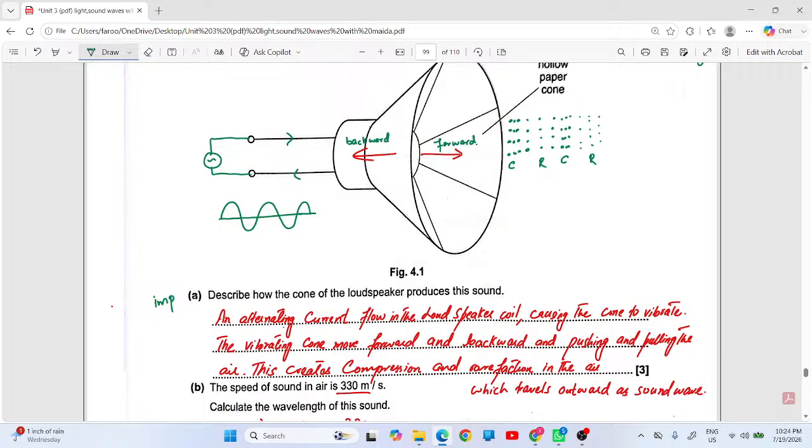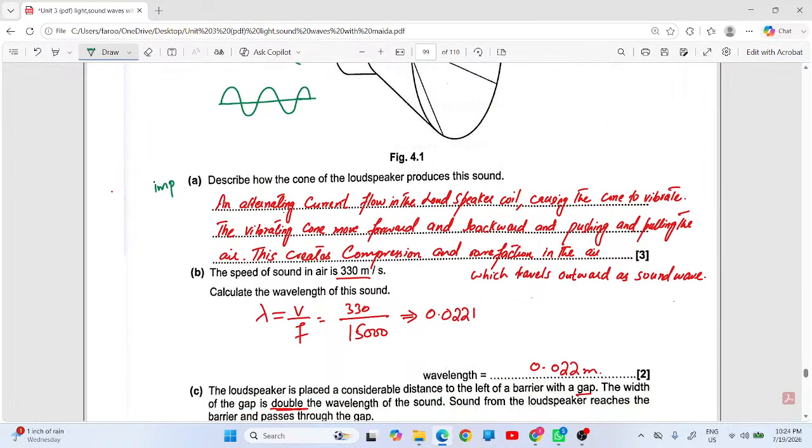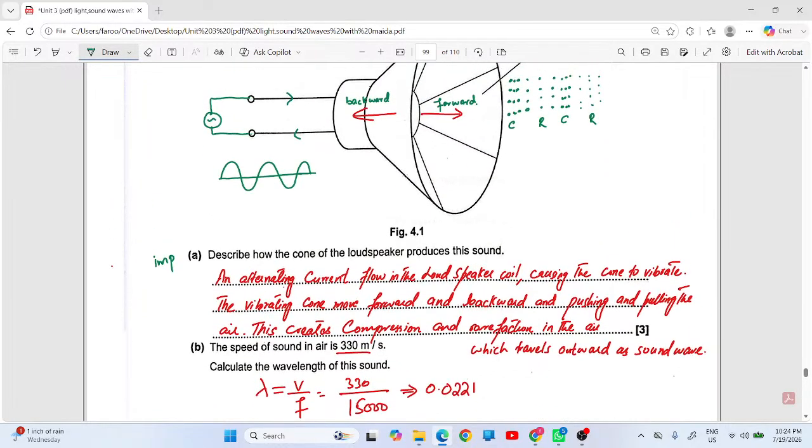And we know that whenever compression and rarefaction are produced, it is a longitudinal wave; sound is longitudinal. This creates compression and rarefaction in the air, which travels outward as a sound wave. So what did we do?